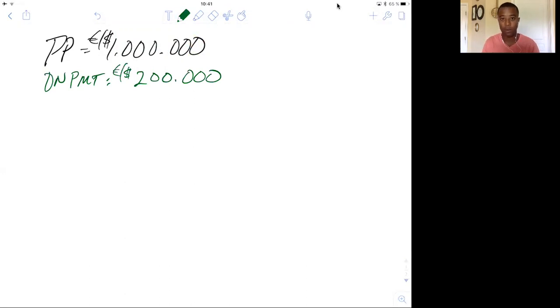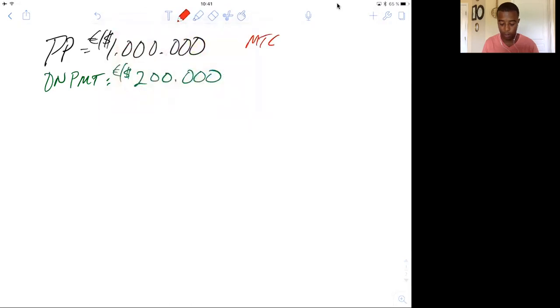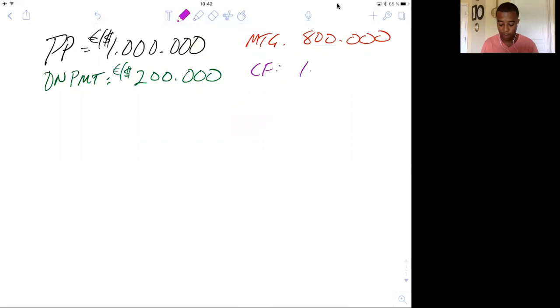So when you put that $200,000 down as part of the down payment, you're then going to take a mortgage of 800,000, and the difference between the 200,000 and the 800,000 gives you the purchase price of $1 million. And we're going to say that this particular investment gives you a net monthly cash flow of 1,000 per month.